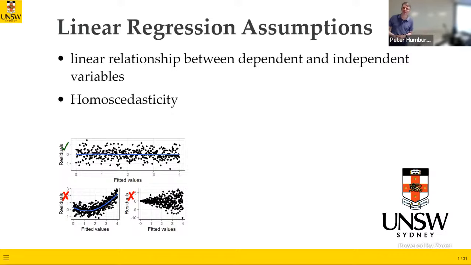Some of these we talk a lot about, and some of them maybe not so much. So, we know there should be a linear relationship between your predictors and your outcome.